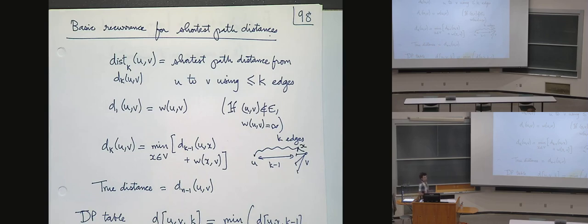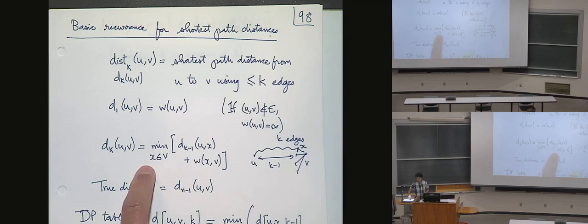I'm thinking of this as an adjacency matrix. Right? So that instead of doing it over all the in neighbors, I'm just minimizing over everything. Does this make sense? So d_(k-1)(u,x) plus the weight of that last edge, and I minimize over all the x's. Yeah?